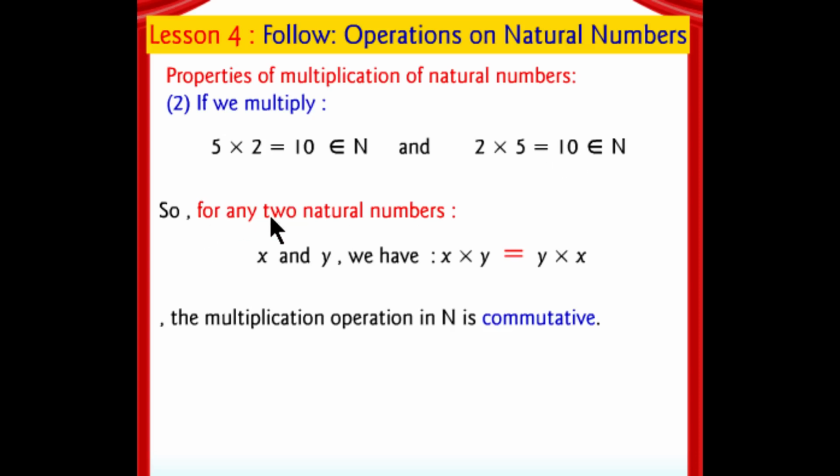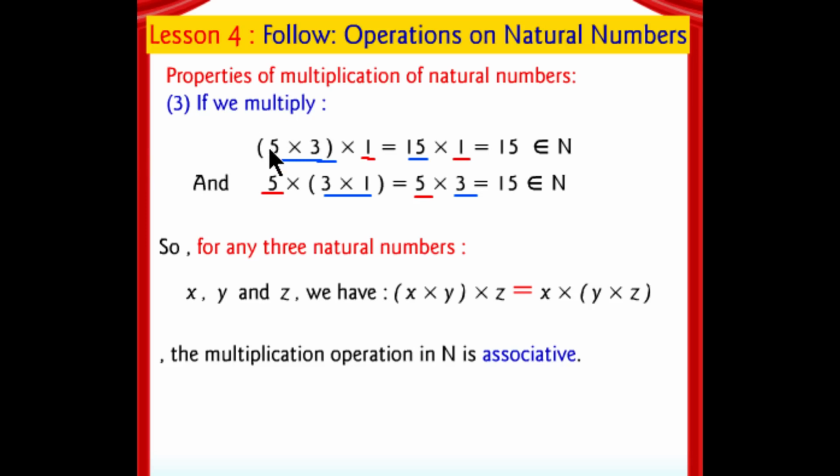So for any two natural numbers x and y, we have x times y equals y times x. The multiplication operation in natural numbers is commutative.